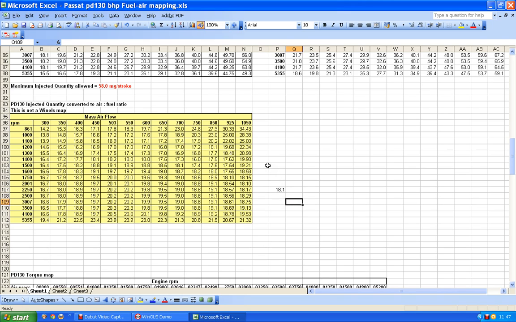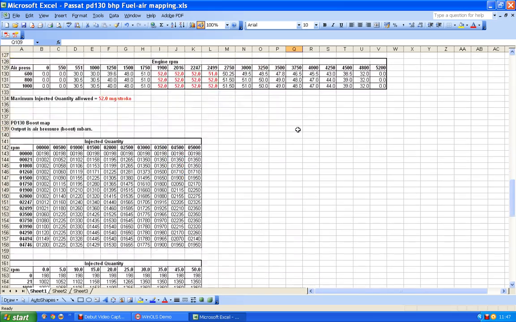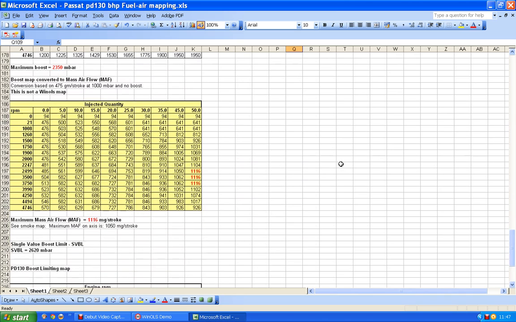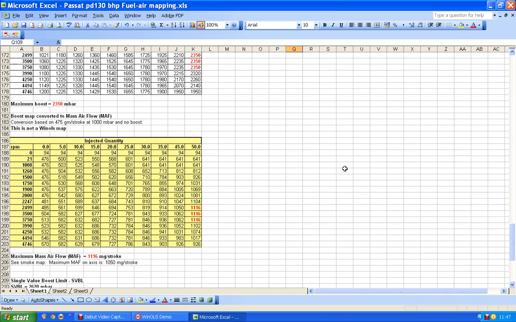Lots of people use a number of 16 on lots of remapping, so they would use a number of 16. I'm going to use that 18.1 because it's there. Okay, so I've got my fuel-air ratio of 18.1.